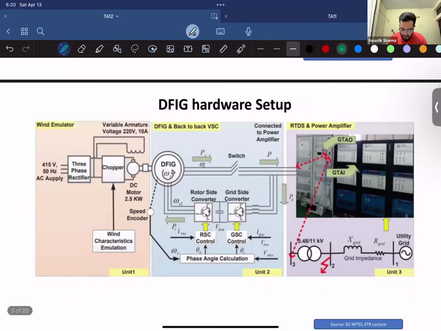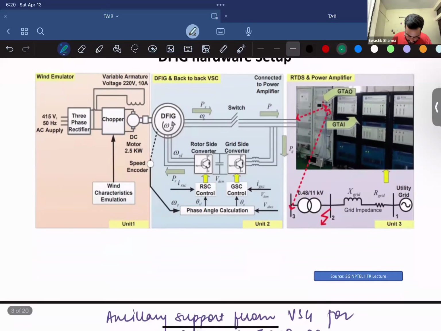Now, in this exact demonstration, the instructor's idea was that he simulated a DFIG in a power hardware in loop simulation platform, and he wanted to check the transient analysis of this setup for symmetrical and asymmetrical faults. So what are symmetrical and asymmetrical faults?